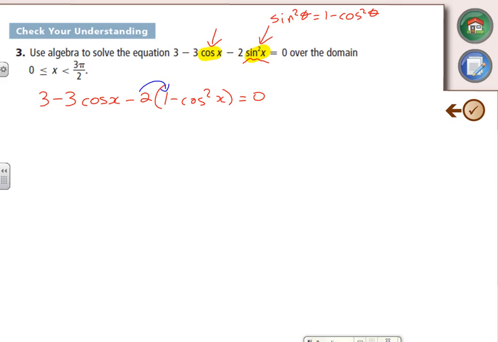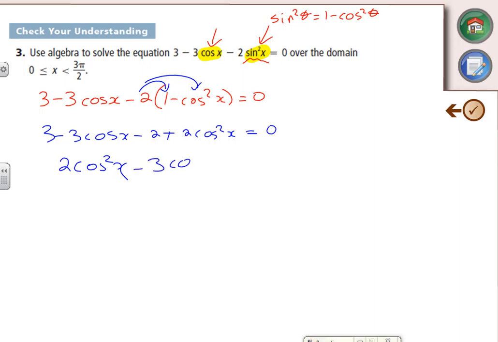Let's distribute that in. 3 minus 3 cos x minus 2 plus 2 cos squared x equals 0. And let's simplify that. Put it in order. So 2 cos squared x minus 3 cos x plus 1 equals 0.